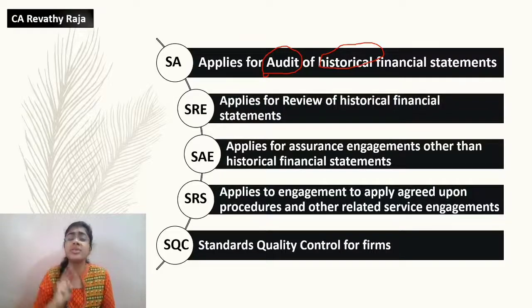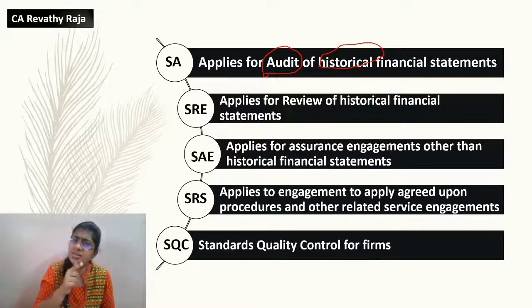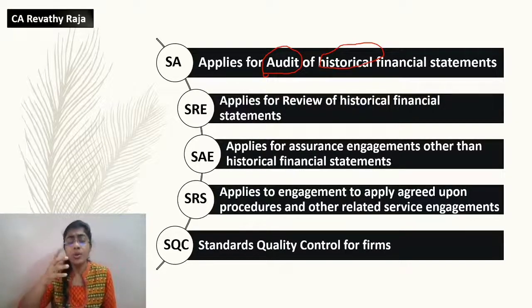Now moving on to the second one, SRE, R, review. Now you'll be thinking, isn't it same as audit? No. Usually review is conducted in case of listed companies, like for quarterly financials. Are you going to give reasonable assurance? No. There you are giving a moderate or limited assurance, which is lower than the reasonable assurance.